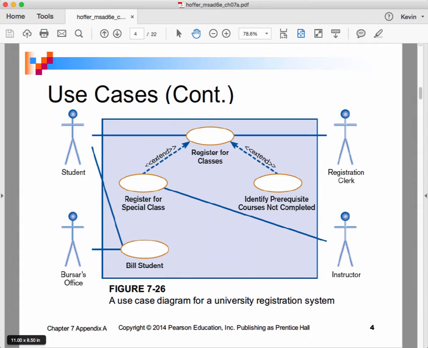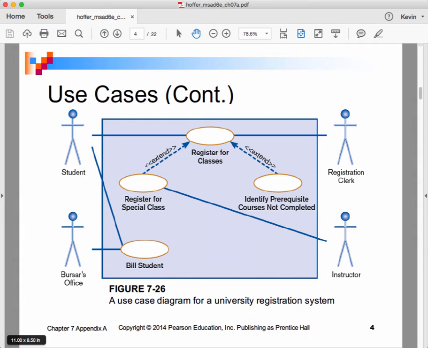But a judge if we've picked our use cases the right way is if we go and look in the student and we say, register for class, is this a significant job that the student has to get done? Yeah. What about the registration clerk? Yeah. Okay. So that's a good choice.